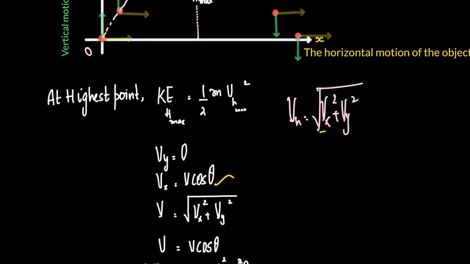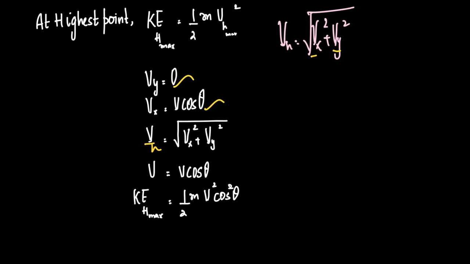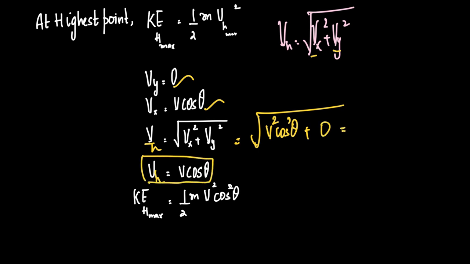Vx is V cos theta, Vy is 0, therefore V at h will be equal to root of Vx square plus Vy square, which is equal to root of V square cos square theta plus 0, which is equal to V cos theta. So V at h is equal to V cos theta.